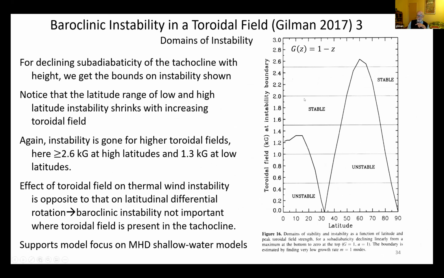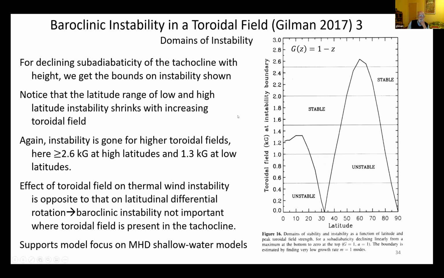This next one shows a regime diagram, I'll call it, where you have domains of instability and stability as a function of latitude and toroidal field strength. You get these two separate domains which close off at the top. So if you had some intermediate field strength, you just get two bands of instability where the baroclinic effect was big enough to overcome that toroidal field.